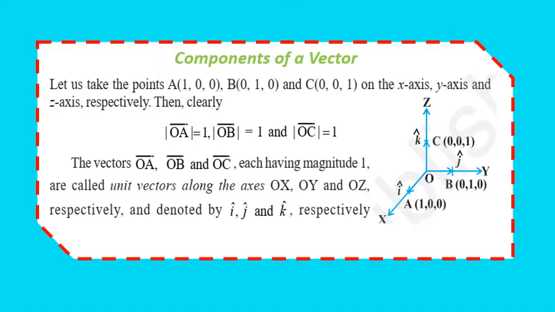Now these three vectors OA, OB and OC having magnitude 1 are called the unit vectors along the axes. Along the x-axis this is called i, along the y-axis this is j, and along the z-axis this is k. Clear? So these are the three components along the x, y and z axes. So pause and note down this point.